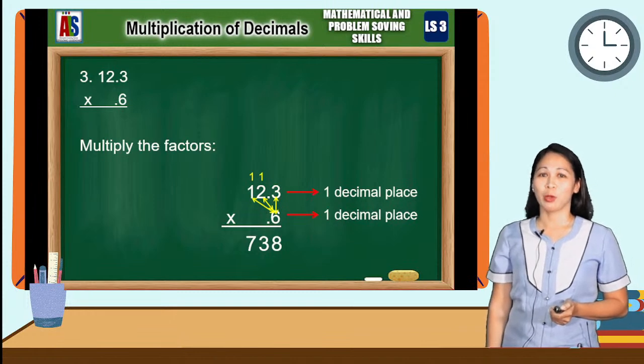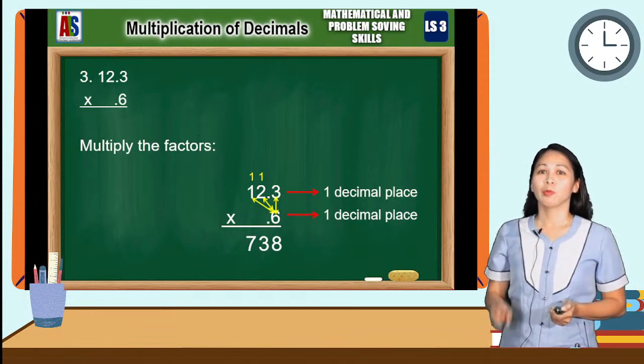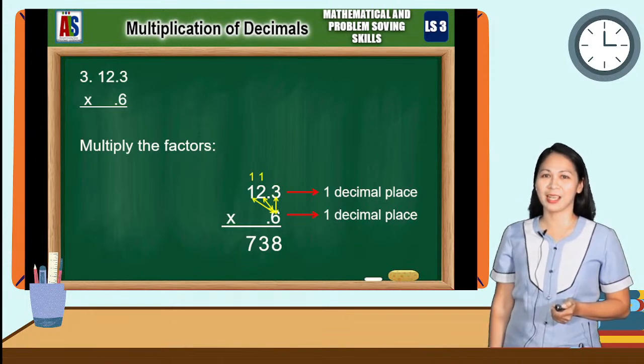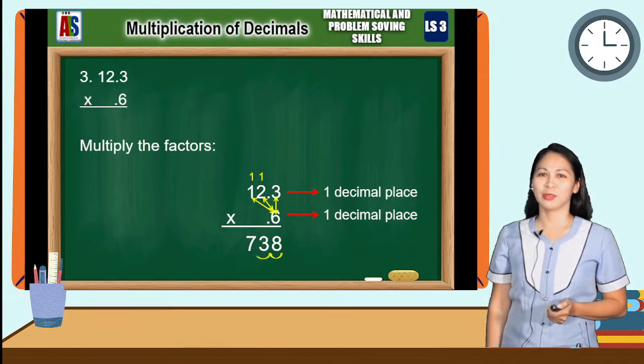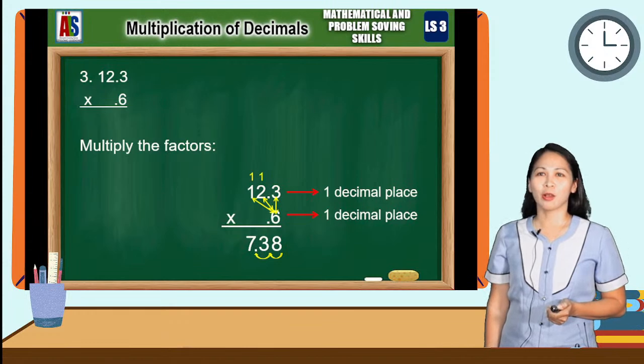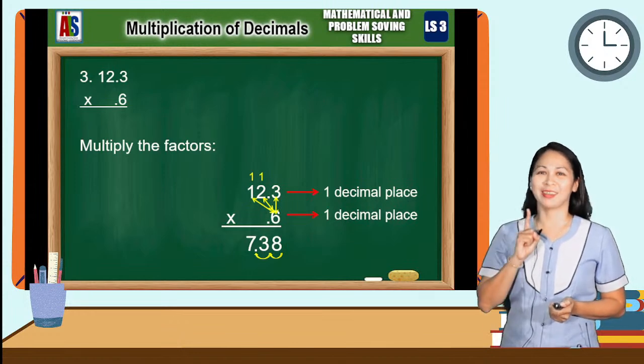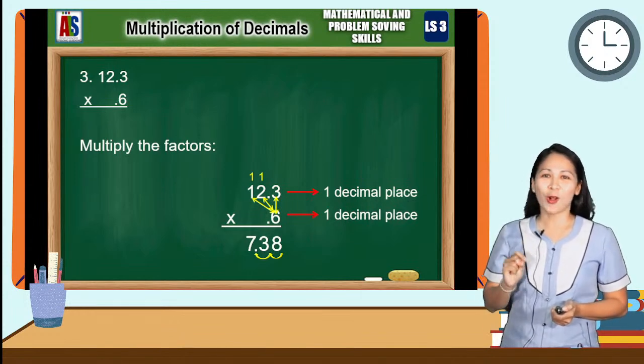Now, we will put the decimal point 2 places from the right going to the left. Let's count. 1 and 2. So the decimal point is here. Therefore, the product of 12.3 and 0.6 is 7.38.